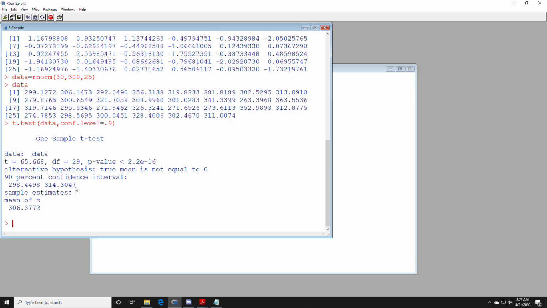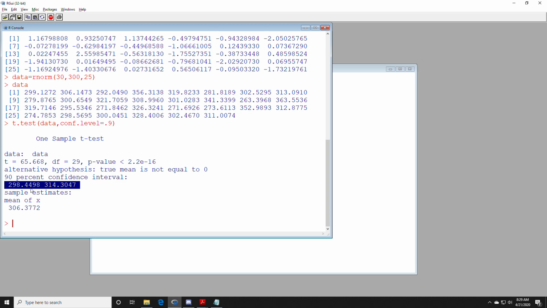300, the number that we're looking for, is between the upper and lower bound. Thus, we do not have evidence that the turbine needs to be tuned, because we do not have evidence that the turbine speed is less than 300.